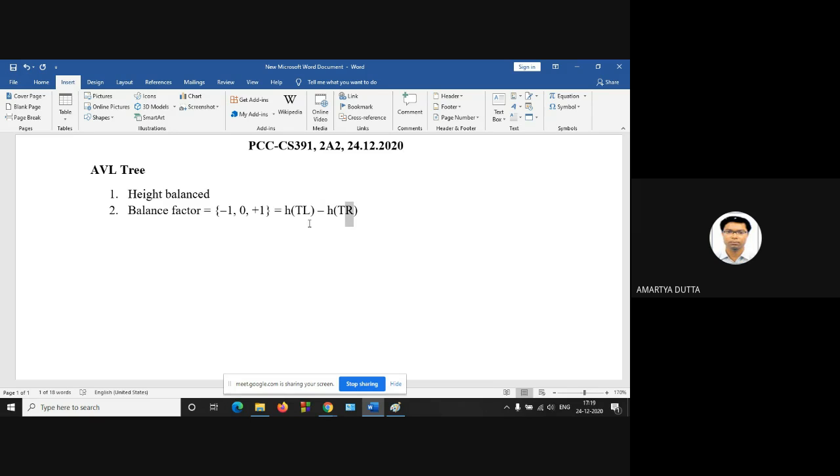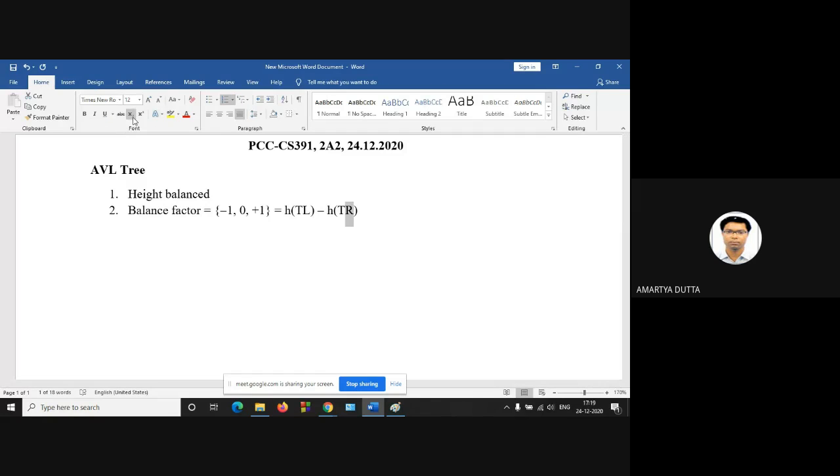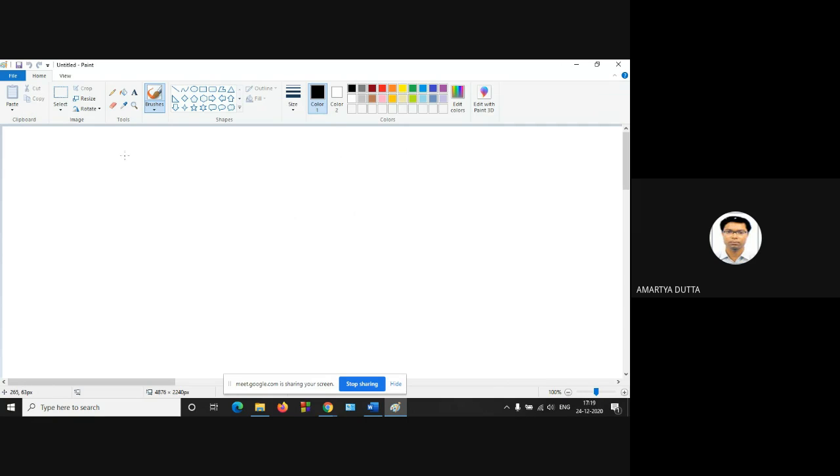So this is the right subtree and this is the left subtree. Suppose this is a tree. It is a binary search tree.